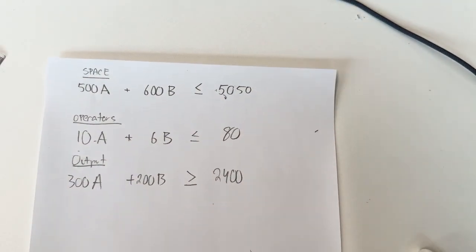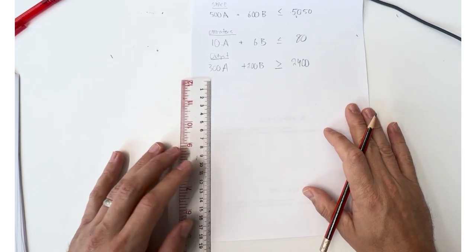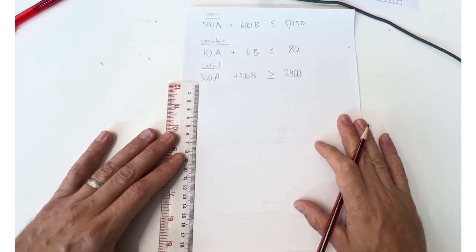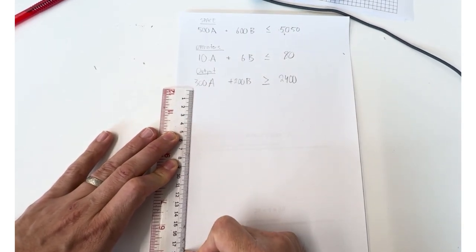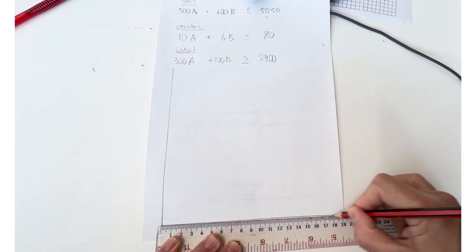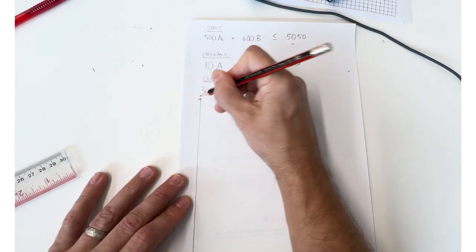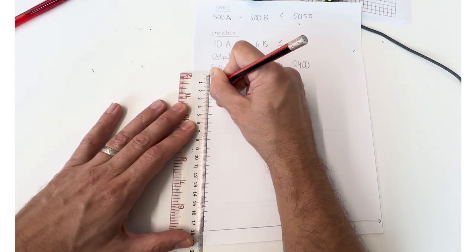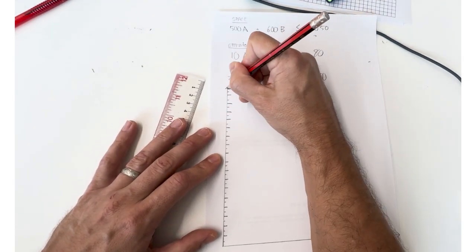I'm actually gonna do a graph of feasible area, okay? So to make this graph, again, I'm gonna make my X and Y axis here. Okay, so there, I made my Y axis.